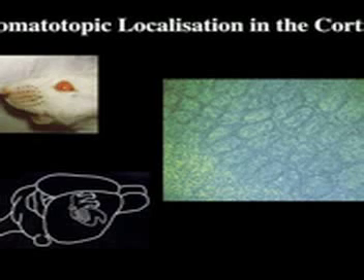And we can see that localization if we look at the somatotopic localization in the sensory cortex. This is a mouse, and the whisker pattern on the mouse's cheek has been highlighted here with black pen. So every whisker has been highlighted at the point where it goes into the mouse's cheek to give you this pattern of black dots.